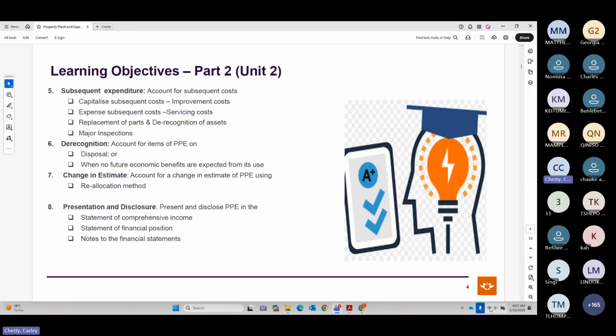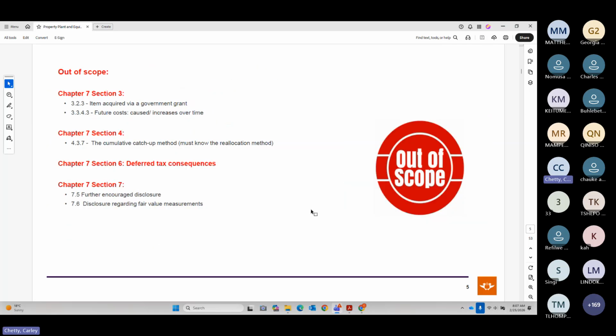And we're only going to look at the reallocation method. Then we're going to look at presentation and disclosure, how to present and disclose PPE in the statement of comprehensive income, statement of financial position, and the notes to the financial statements. Okay. So that is where we are going with this topic.